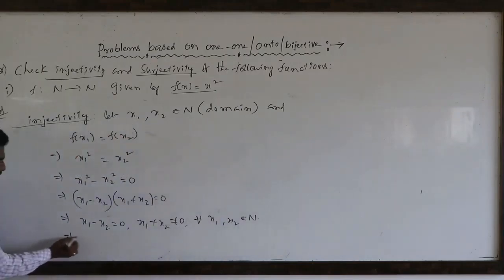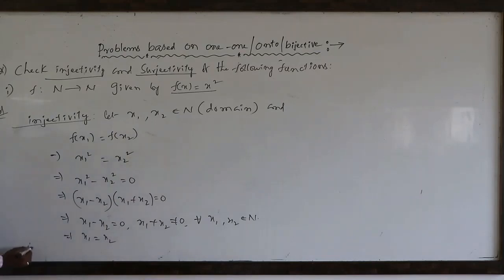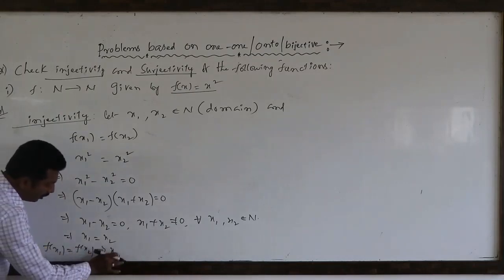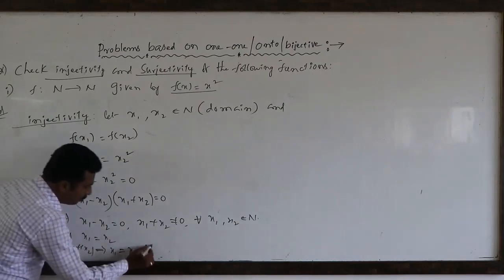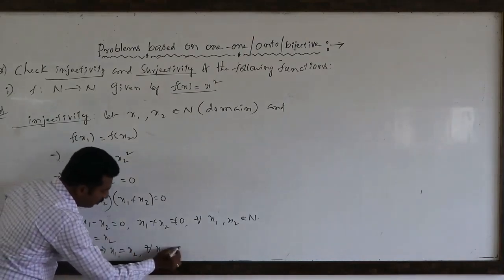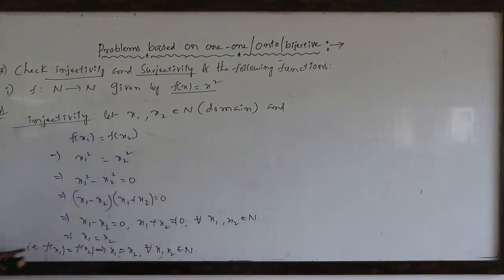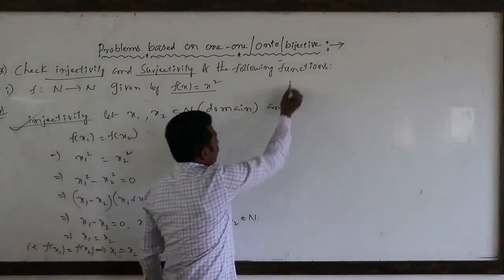So from this, x1 equal to x2. Our assumption is f of x1 equal to f of x2, and what we proved is x1 is equal to x2. This is true for every x1, x2 belonging to the domain. Therefore, f is an injective function.